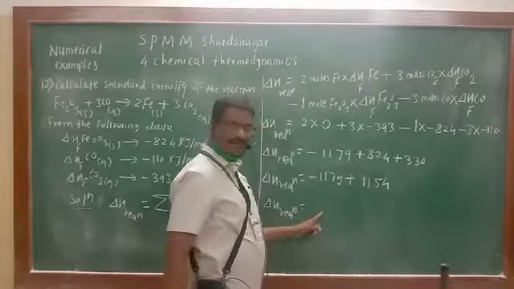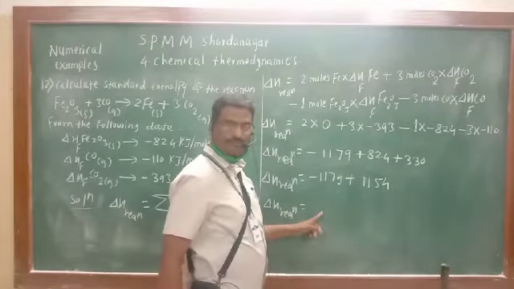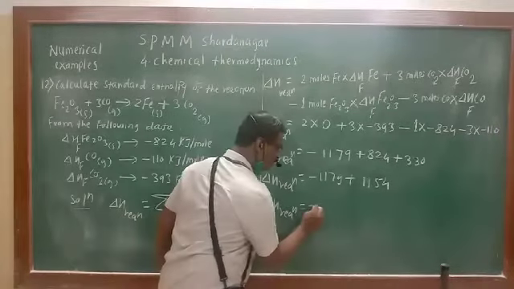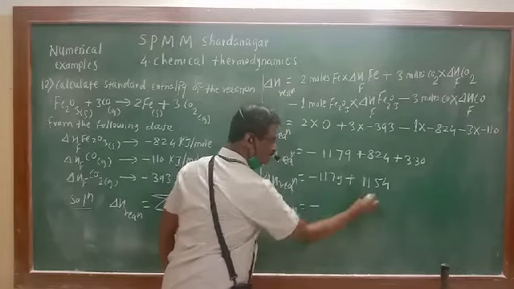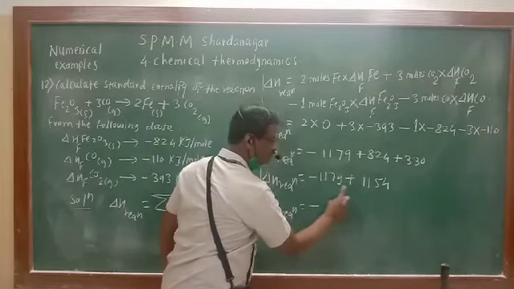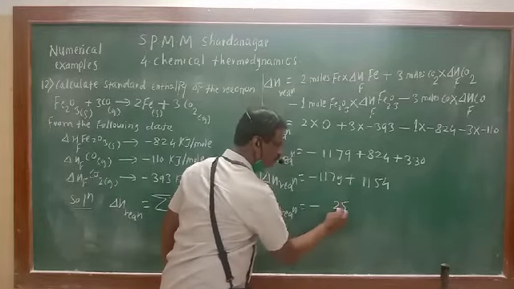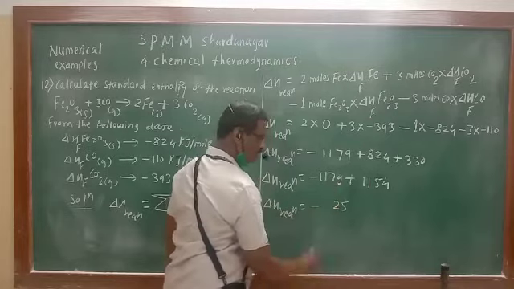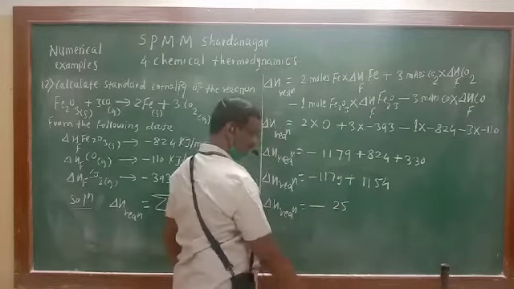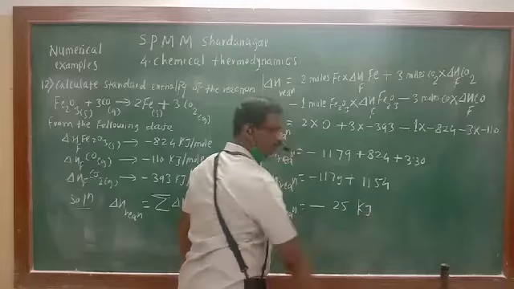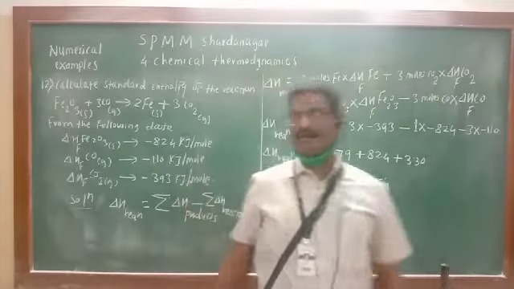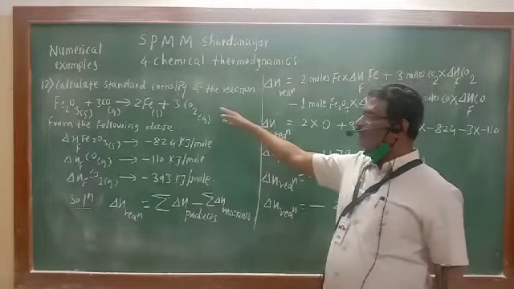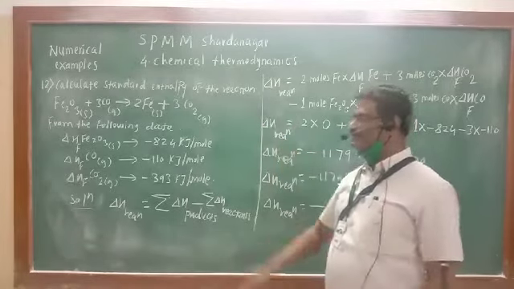So what is the answer? Is it positive or negative? This is negative. 9 minus 4, it is 5. 7 minus 5, 2. And then 0. So minus 25 kilojoule is the final answer for enthalpy of this reaction.